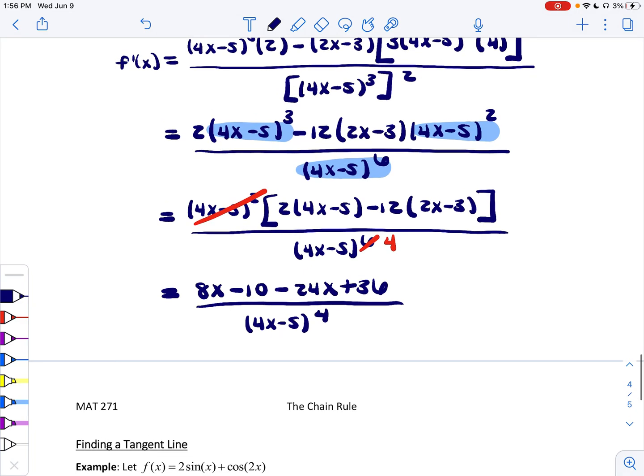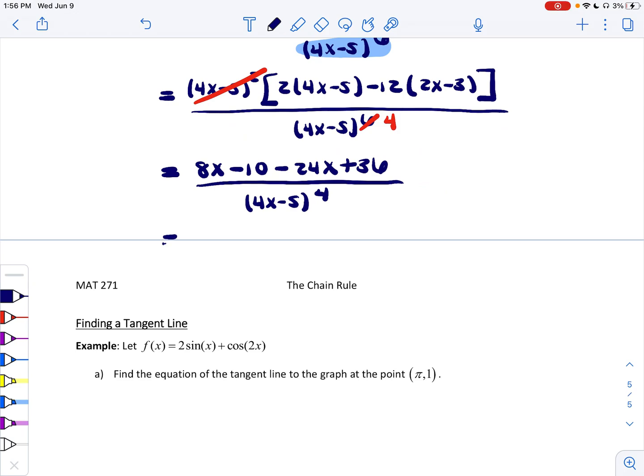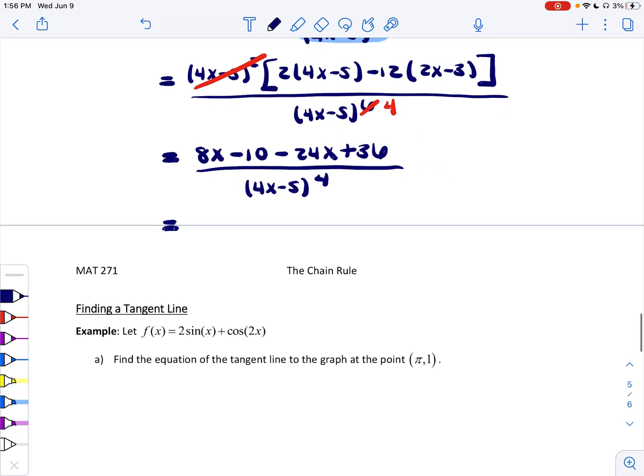Okay, and then, all right, I'm running out of room here. If we just combine our like terms, we would get negative 16x plus 26 all over 4x minus 5 to the power of 4. Okay, so that will be our final answer.